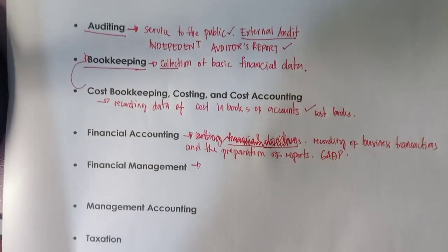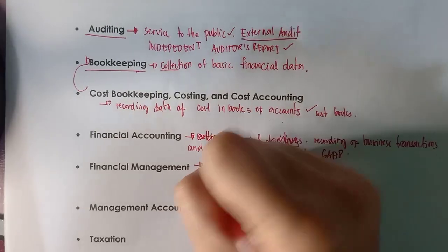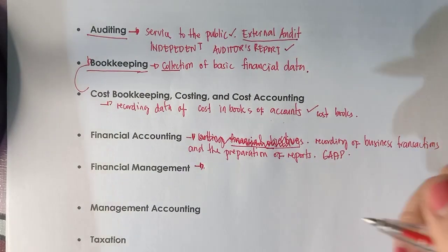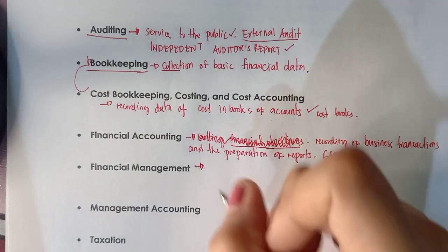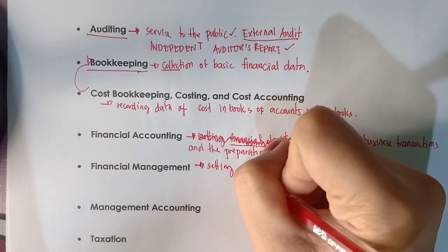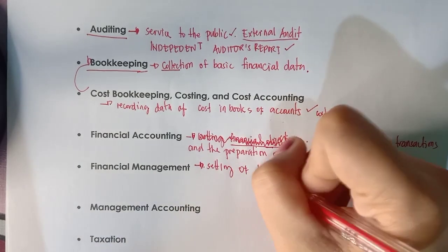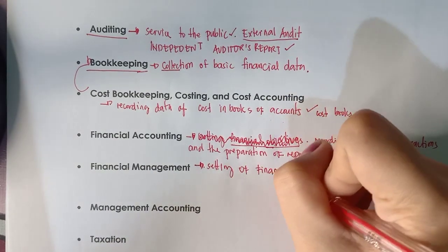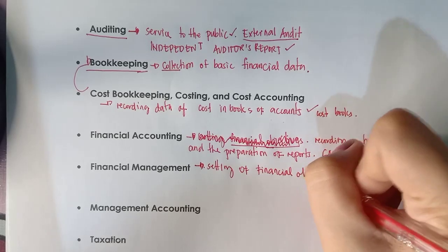So next branch is financial management. When we say financial management, it sets what? It is the setting of financial objectives.